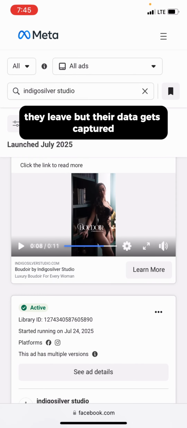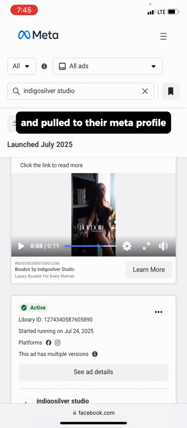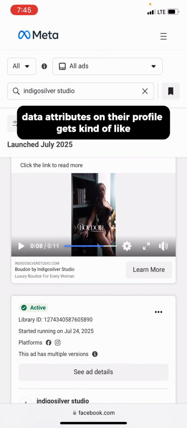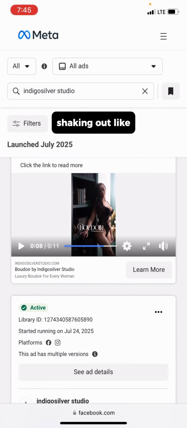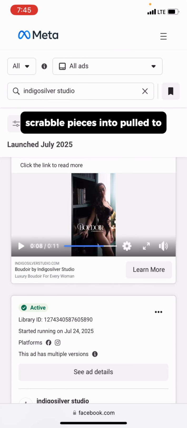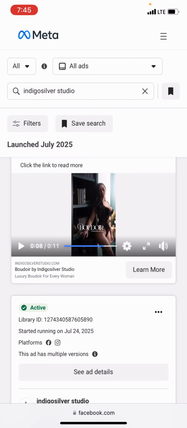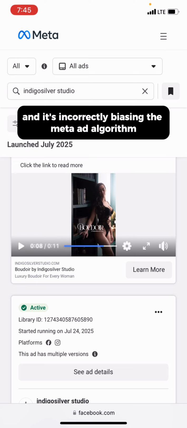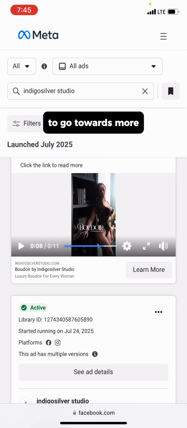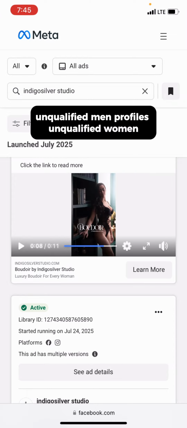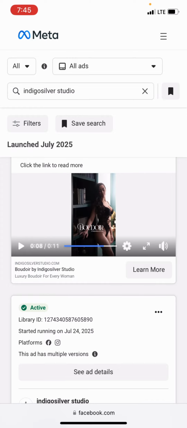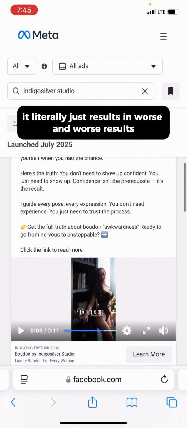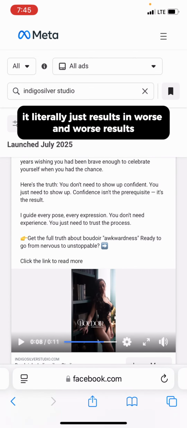They leave, but their data gets captured and pulled, and the data attributes on their Meta profile get kind of shaken out like Scrabble pieces into pool 2. And it's incorrectly biasing the Meta ad algorithm to go towards more unqualified Meta profiles, unqualified women. So it literally just results in worse and worse results over time.